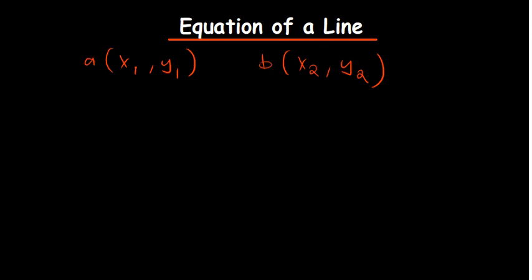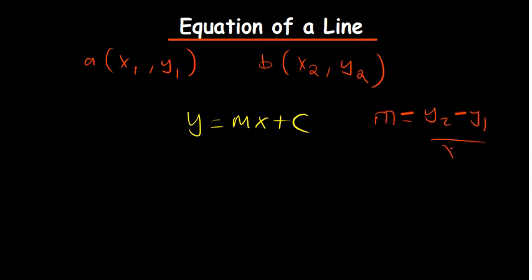I've already told you the basic form is y is equal to mx plus c. The two things that we need are the gradient and the y-intercept. For the gradient, we've already talked about how to find it: for the gradient m, you look at the change in y, which is y2 minus y1, over x2 minus x1.